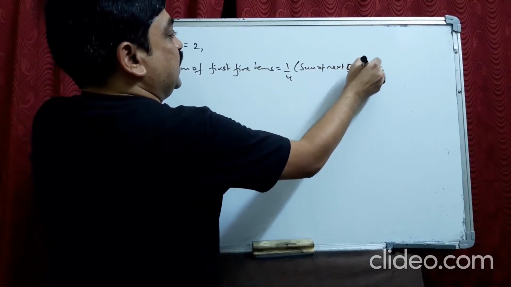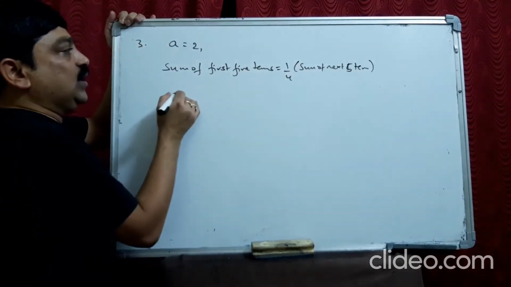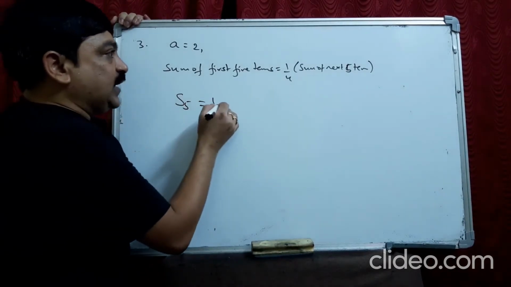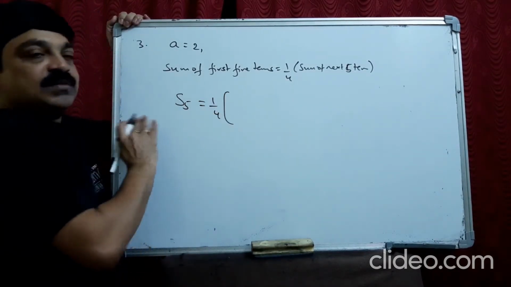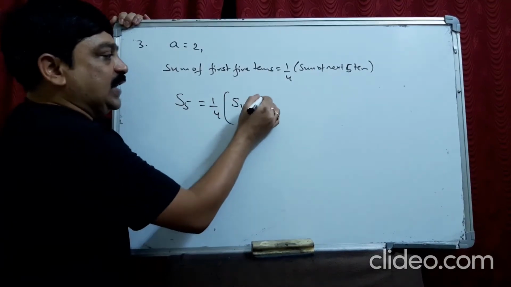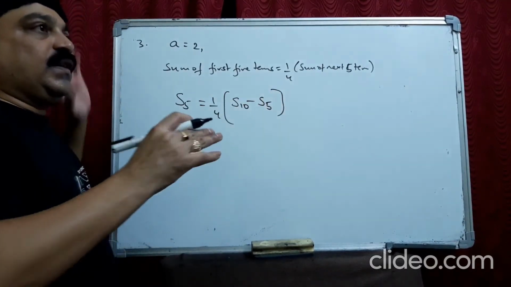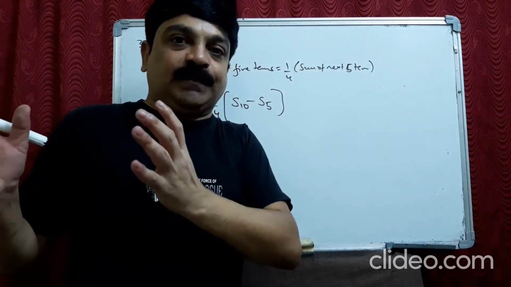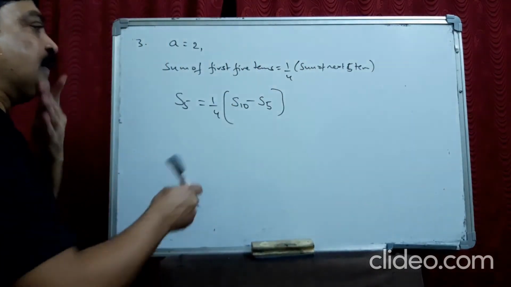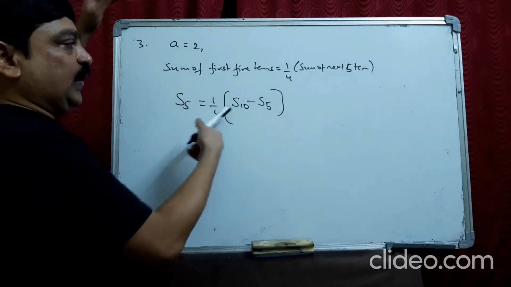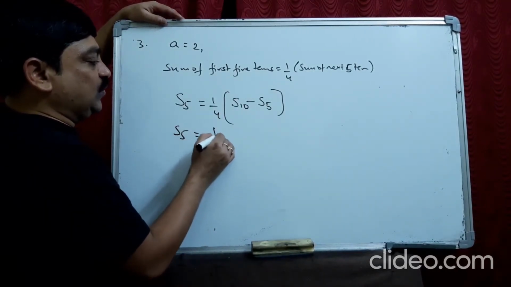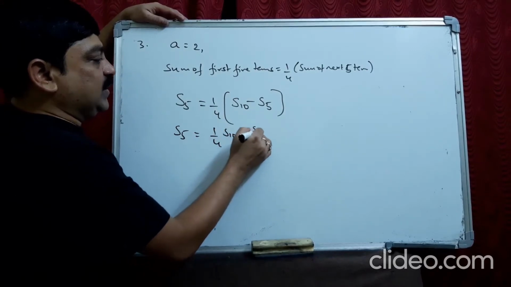You might have learned this in your 10th grade, but still I tell you. Sum of first 5 terms is S5, no doubt. What about the next 5 terms? Next 5 terms is nothing but S10 minus S5. From the first 10 terms, if you remove the first 5 terms, you'll get the next 5 terms. Now S5 is equal to 1/4 of S10 minus S5.